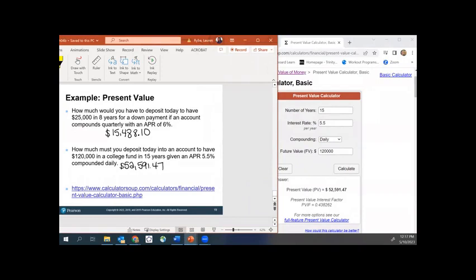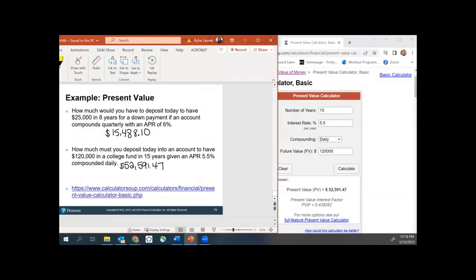So if you look at this, to go from 52,000 to 120,000, I am gaining just by letting my money sit there. Let's see if I do that subtraction. 120,000 minus 52,591.47. I am gaining $67,408 just in interest from letting my money sit there.